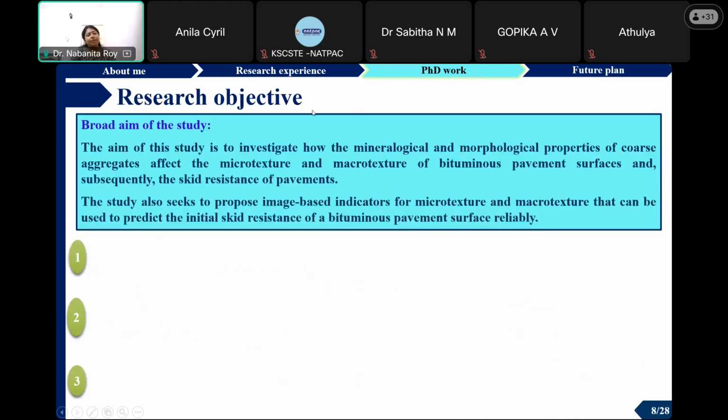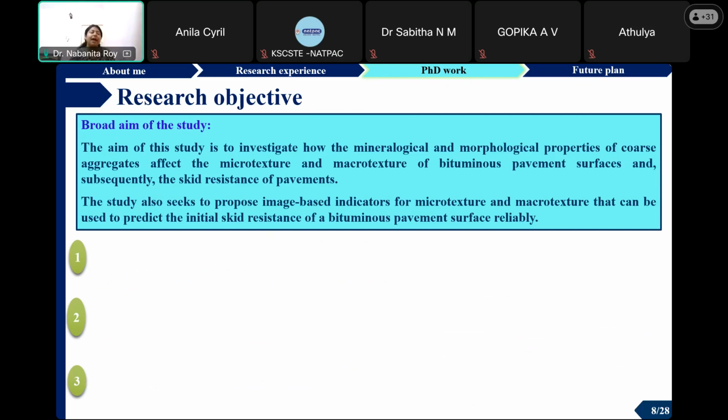So my research objective, the broad aim, was to investigate how different properties, like mineralogical and morphological properties of coarse aggregate, affect the microtexture and macrotexture of bituminous pavement surfaces, and subsequently what their relation is with the skid resistance of pavements.